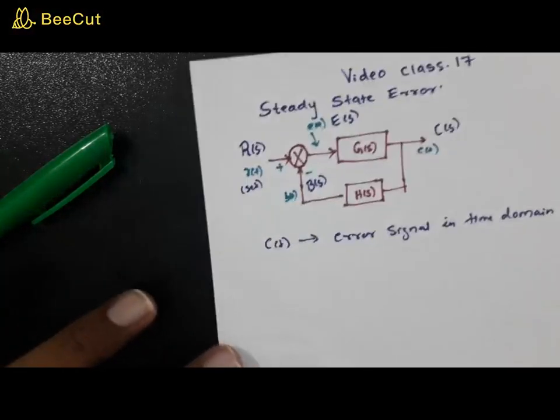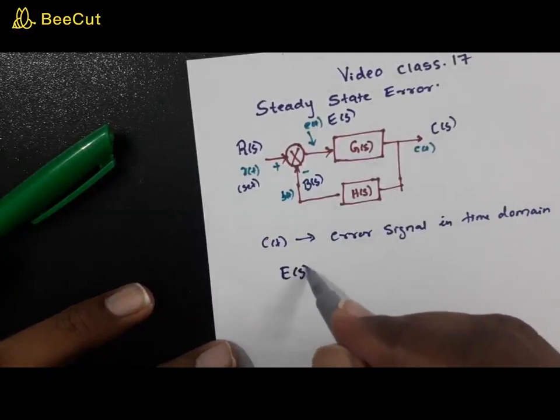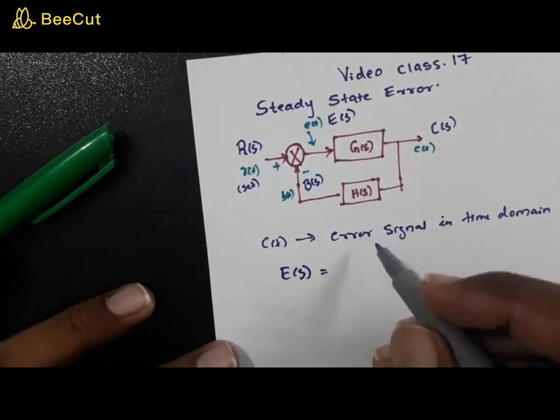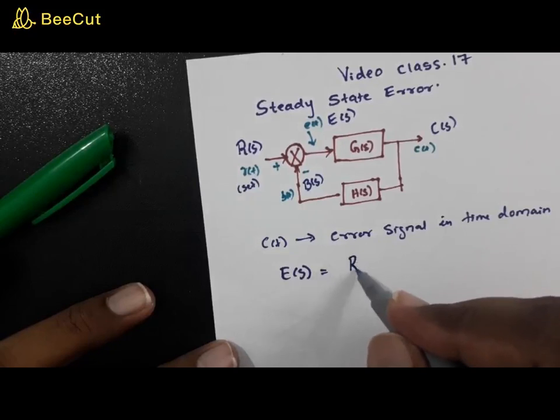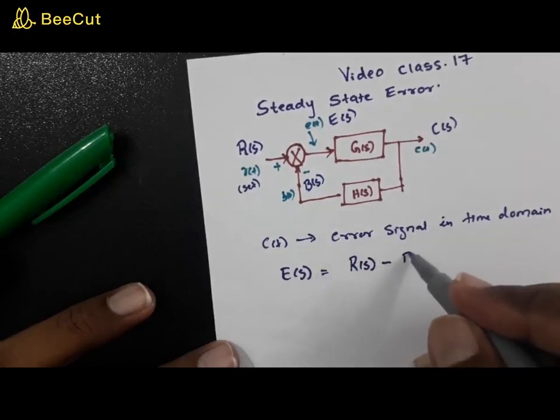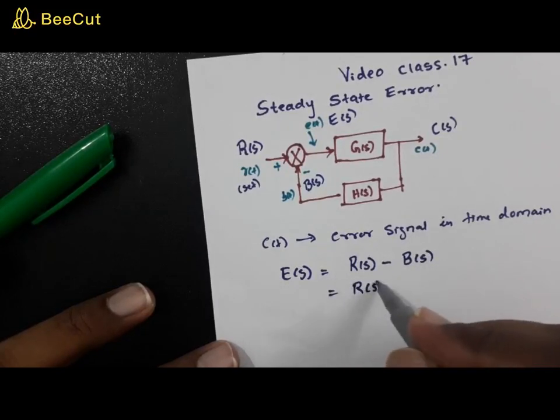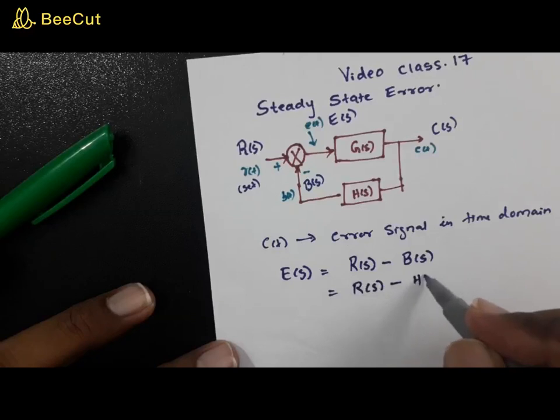Now let us try to write the equation. What is e of s from the figure? e of s from the figure is given by r of s minus b of s. Now what is b of s? b of s is h of s into c of s.